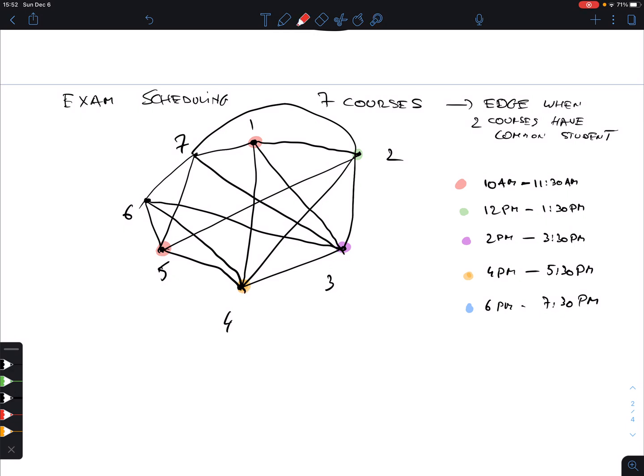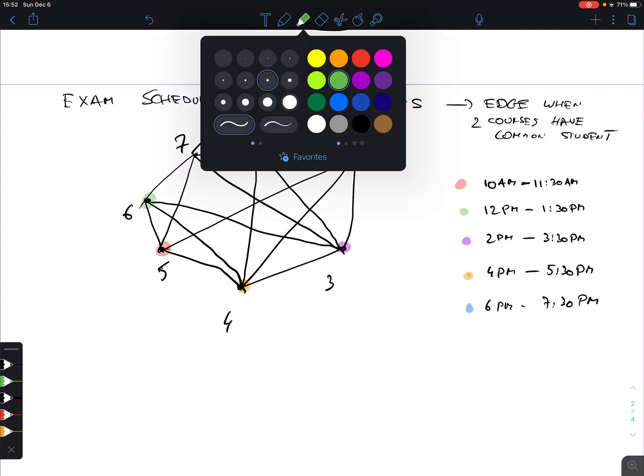So I can make it green. Okay. And now finally, what about 7? Well, 7 connects to 2, which is green, to 1 is red. So not green, not red. It also connects to purple, but it doesn't connect to orange, so I can make it orange.